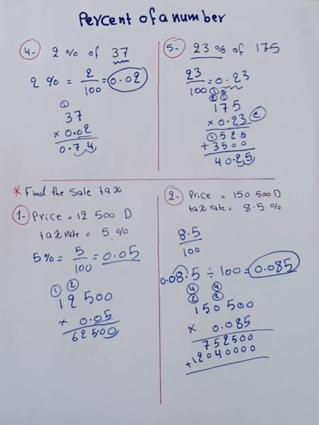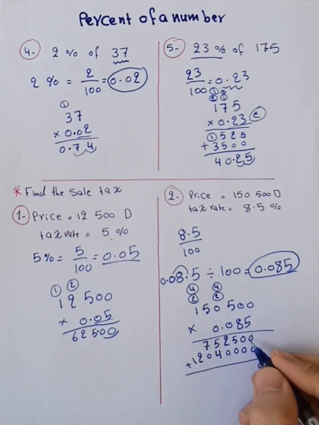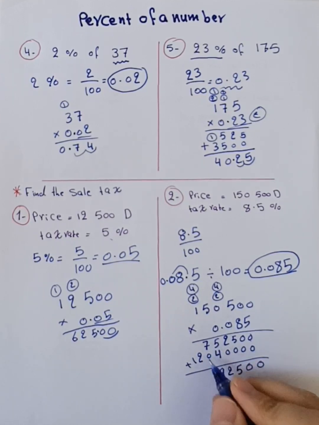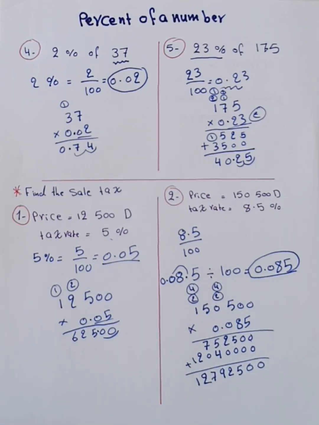Now we have to add the products. 0 plus 0 is 0, and 0 plus 0 again is 0, 5 plus 0 is 5, 2 plus 0 is 2, 5 plus 4 is 9, 7 plus 0 is 7, 1, 2. After that, we have to write the decimal point in the product.